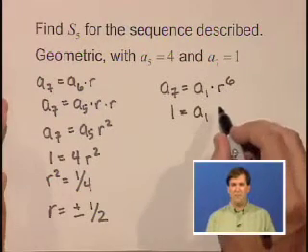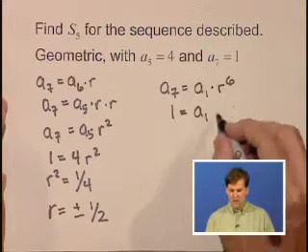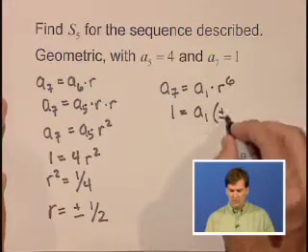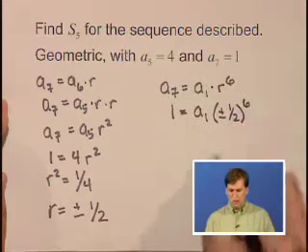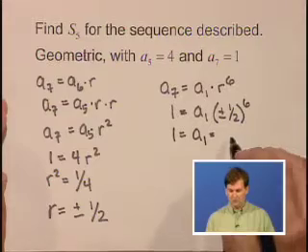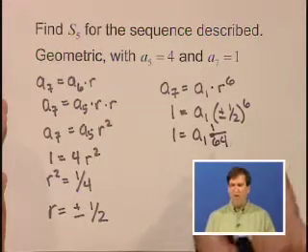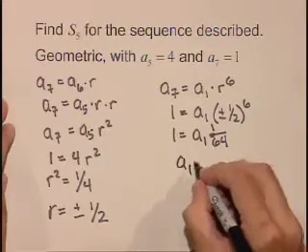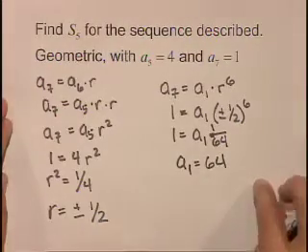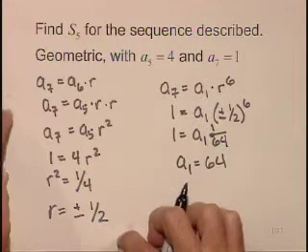If we're going to take positive 1/2 to the 6th power or negative 1/2 to the 6th power, it wouldn't matter. Either one of them is going to give us the same answer, which is 1/64. So A1 here is going to be 64, regardless of whether the common ratio is positive 1/2 or negative 1/2.